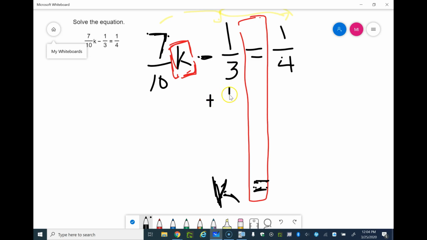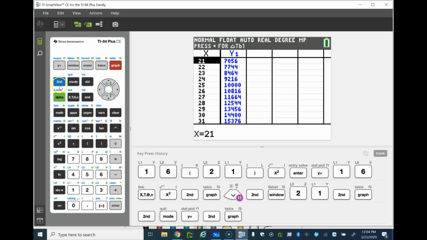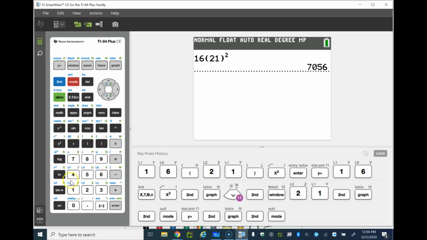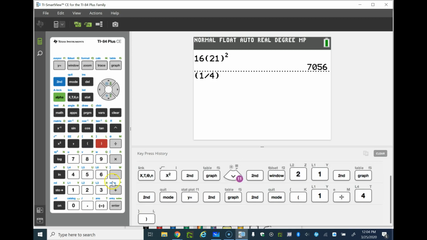So if I take this and add it on both sides, we notice again that this one will cancel. And then we can come to our calculator and do, in parentheses, 1 divided by 4.